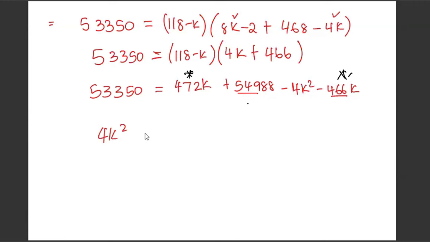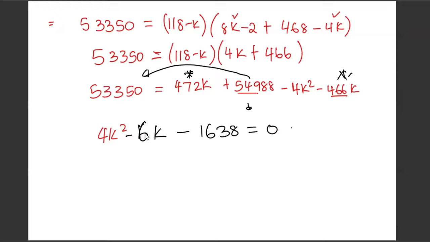This side it's a 6, but when I move it that side, it's going to be a negative 6k. And then when I move this one to this side, it's going to be 53350 minus 54988, which gives me a negative as well. That is 1638 is equal to 0.